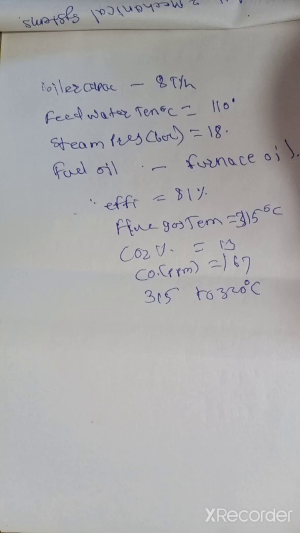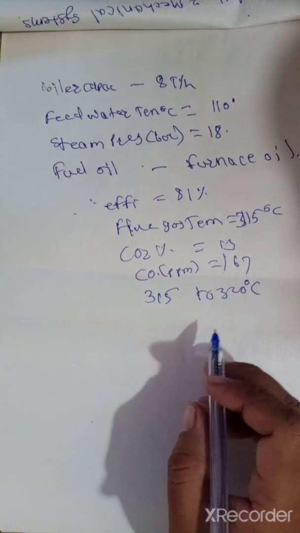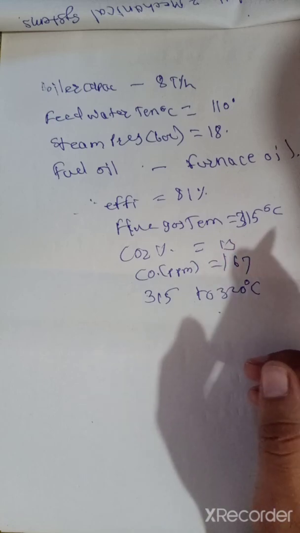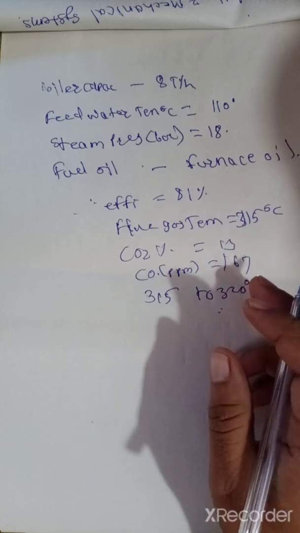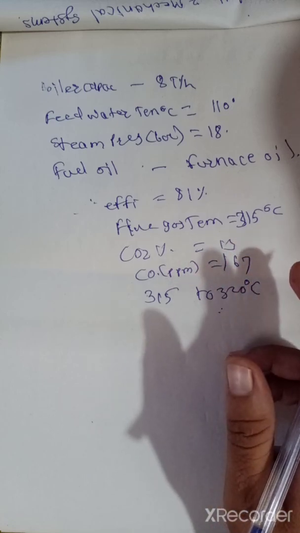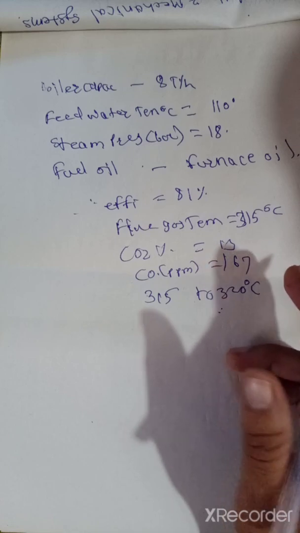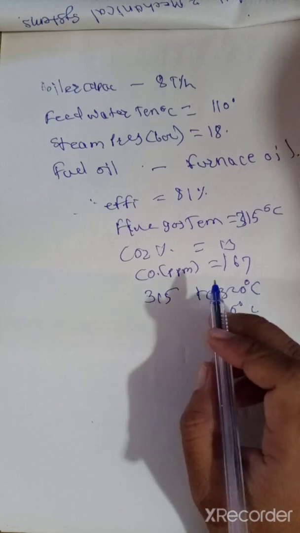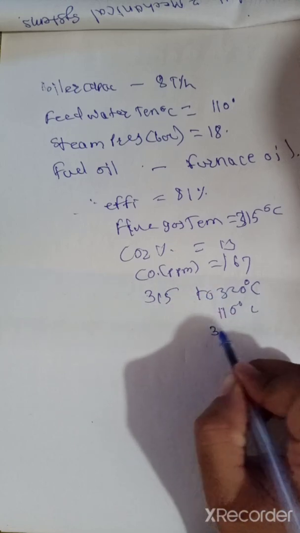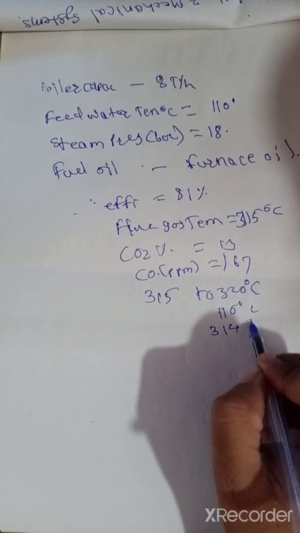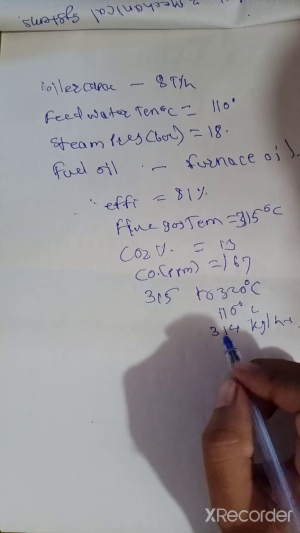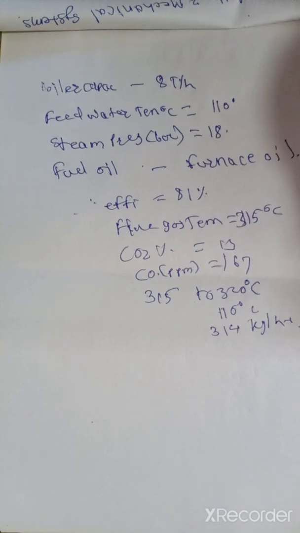The basic data: average quantity of steam generated is 5 tons per hour, average flue gas temperature is 315 degrees Celsius, average steam generation is 14 kg, feed water inlet temperature is 110 degrees Celsius, fuel oil supply rate is 314 kg per hour, and flue gas quantity. This is the case study in a paper mill.